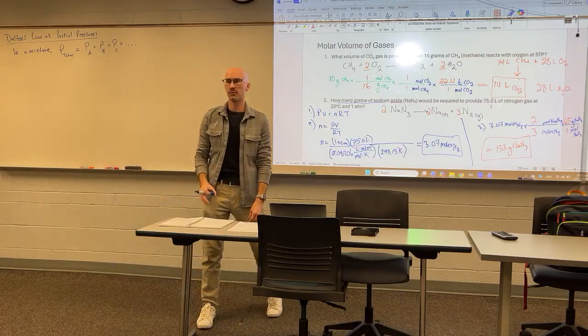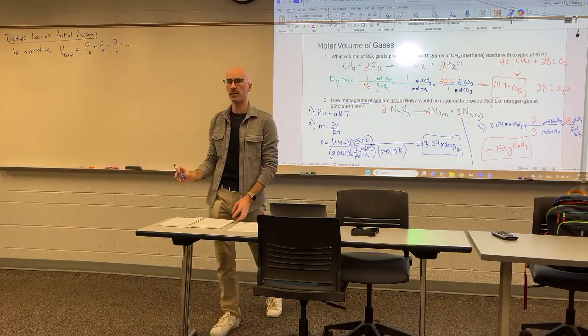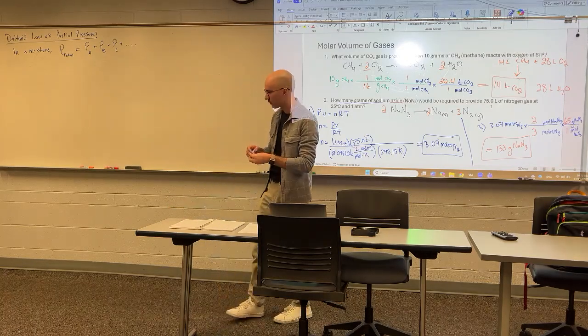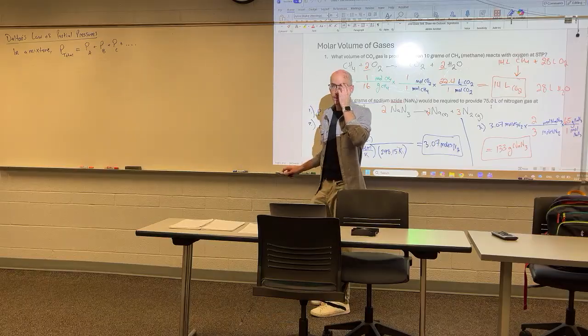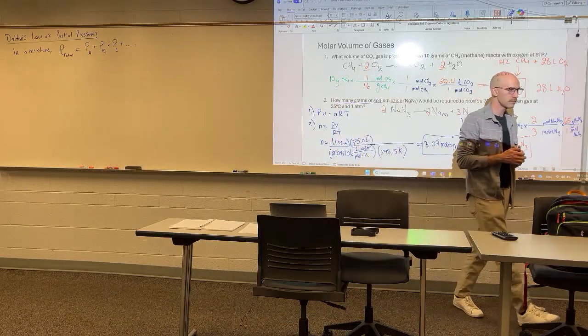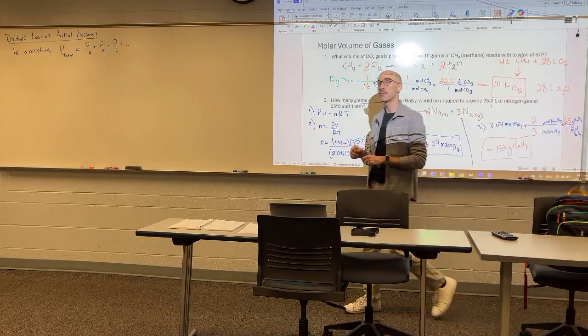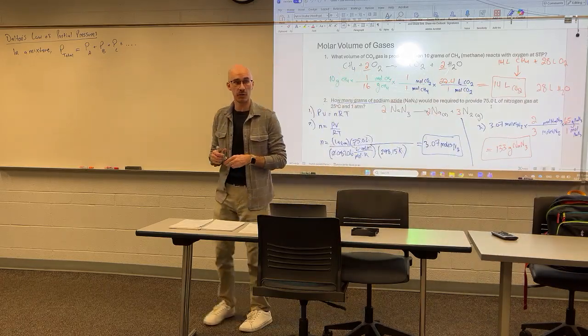Pressure total is equal to the pressure of A, the pressure of B, the pressure of C, and so on and so forth. And because ideal gases all behave the same, it doesn't matter the identity of the gas, doesn't matter its molar mass, it simply matters how much of that gas is present.